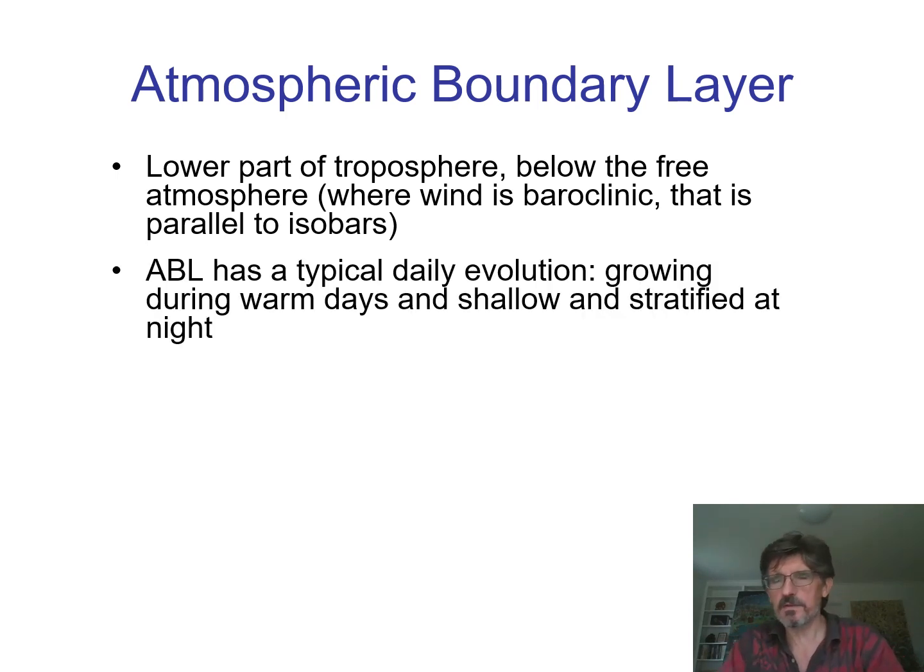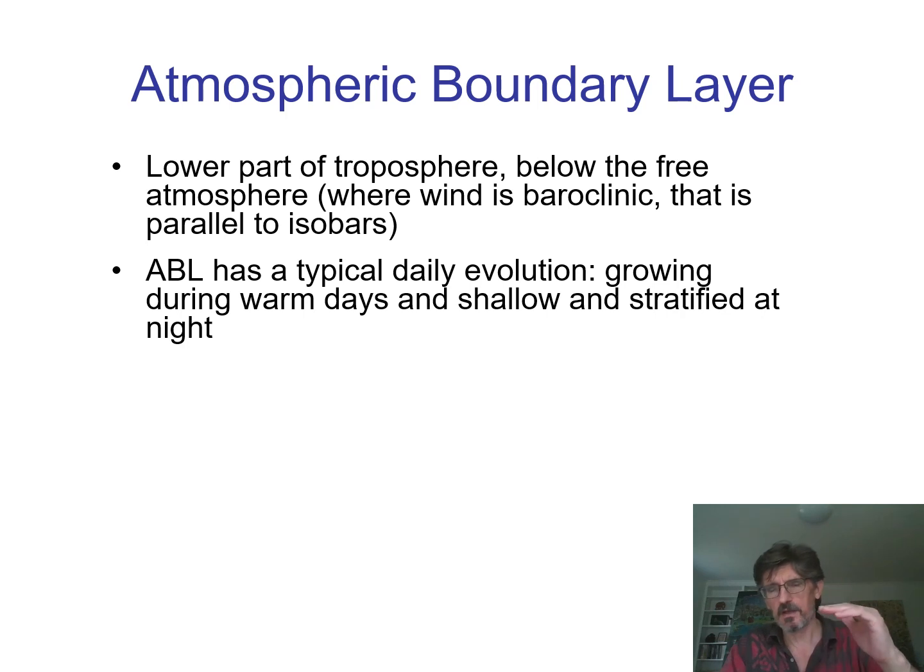The atmospheric boundary layer has a typical diurnal, daily evolution. It starts very small and grows from when it gets enough energy from the sun, and during the warm days, it reaches its peak in the afternoon. Later in the afternoon, it can reach 1, 2, or even more kilometers.